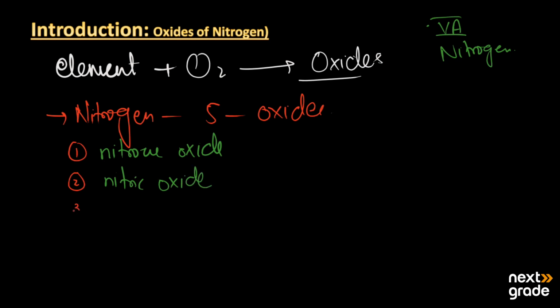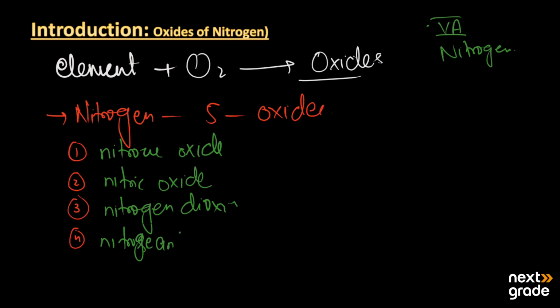The third one is nitrogen dioxide, and the fourth one is the nitrogen peroxide, or we can call it dinitrogen dioxide, or simply nitrous anhydride.